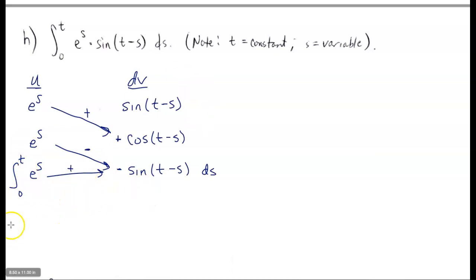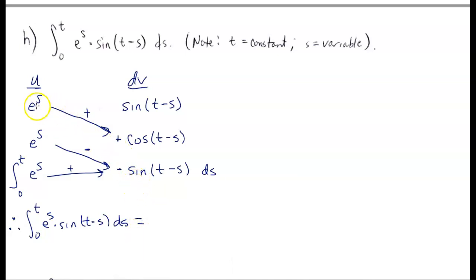So looking at this, we know now that the integral of 0 to t of e to the s times sine of t minus s ds, all of this is just going to equal. And I'm going to hold off a minute on how I actually write the definite integral part of it. I'll wait to the very end to put all that together.